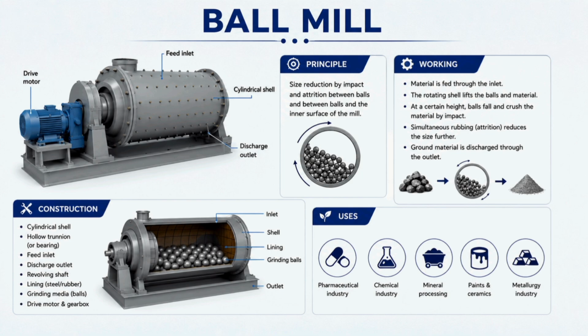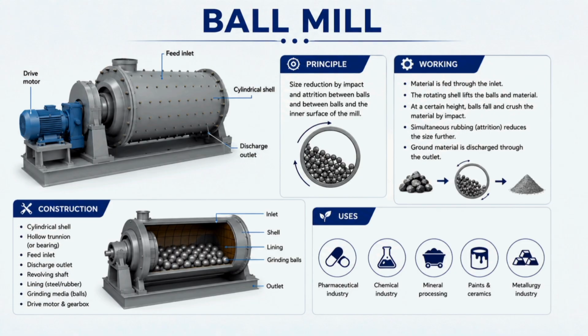The speed of rotation is very important here. Very high speed prevents proper grinding. The ball mill can be used for both wet and dry grinding, and it produces a very fine powder. The machine is useful for toxic materials because it is highly enclosed.